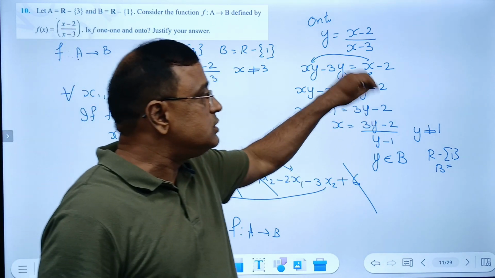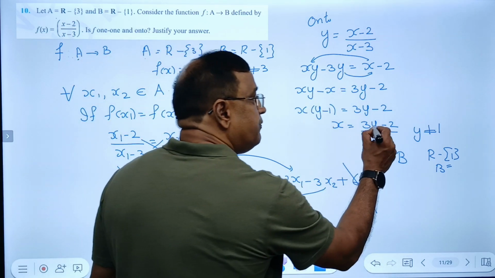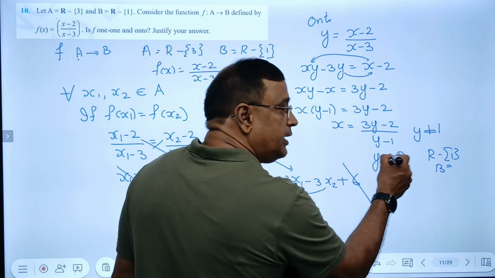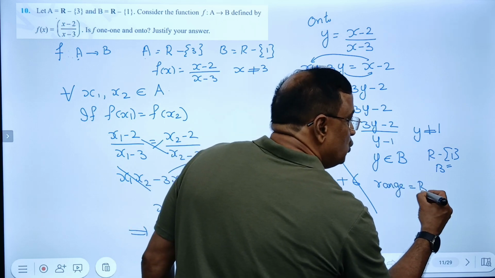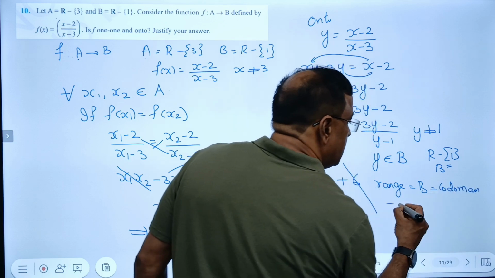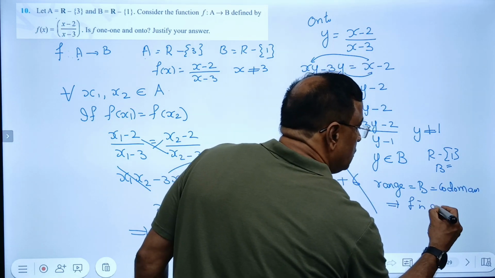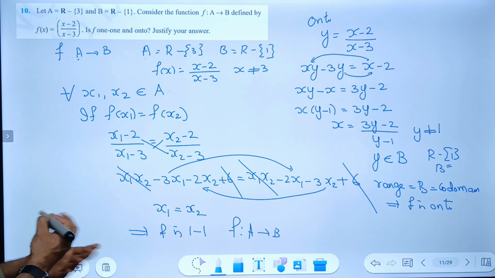So this function is defined for all values of y in B. Therefore my range is B, which is nothing but the codomain. This implies f is onto. Since f is 1 to 1 and onto, it has to be bijective.